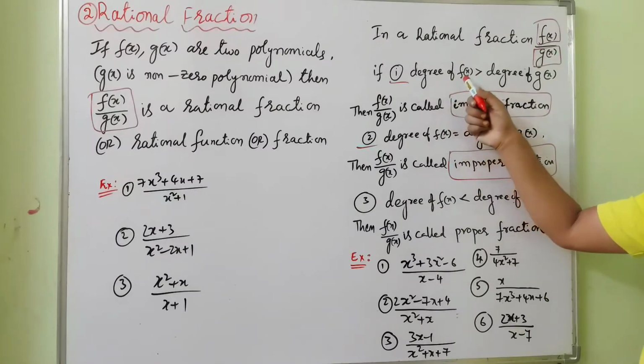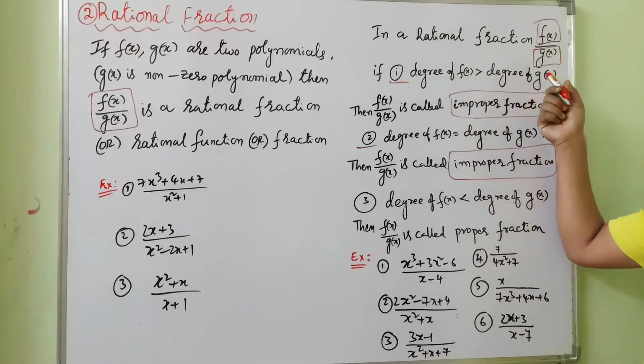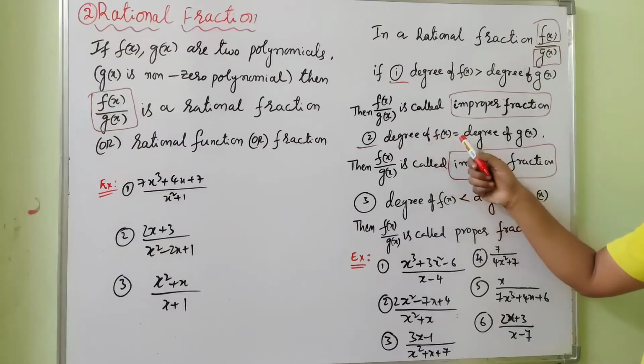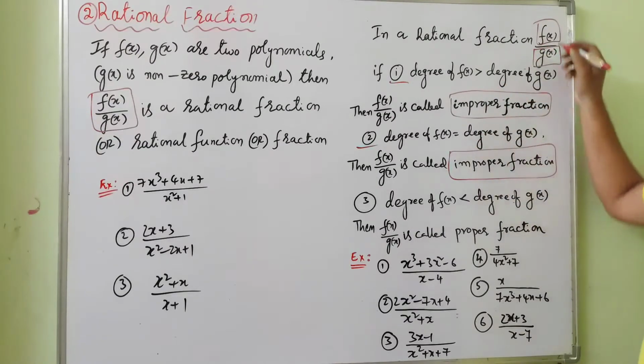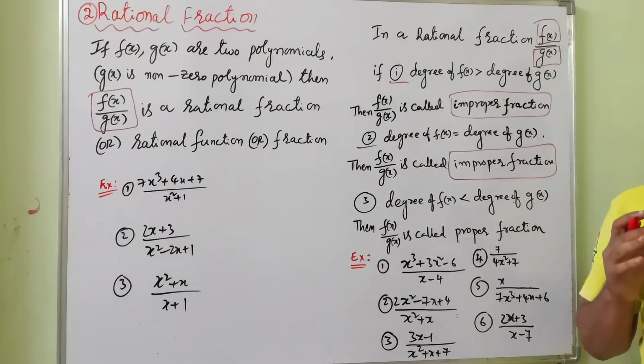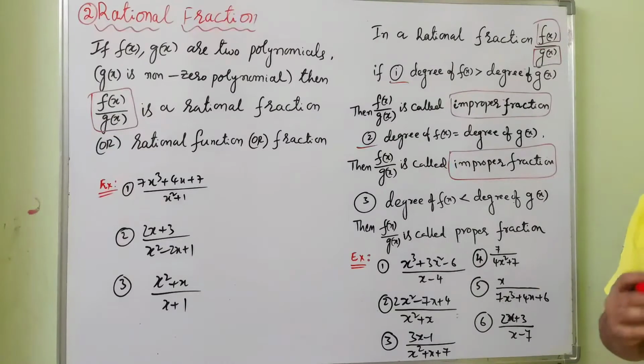Remember, degree of f of x greater than or equal to degree of g of x: in these 2 cases, the rational fraction is said to be an improper fraction.